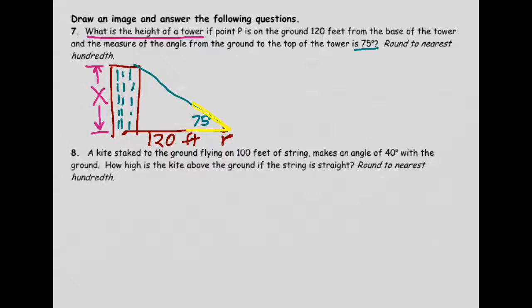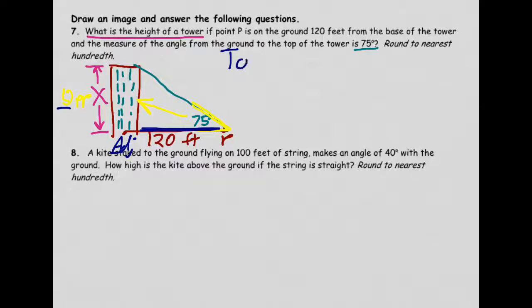And I'm being asked to find the side opposite of my angle. So I've got opposite, and then this 120 foot side here is adjacent. This side is adjacent, so that's going to be adjacent. So I have O and A.